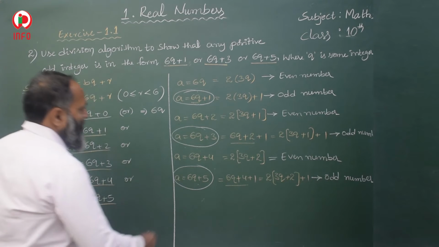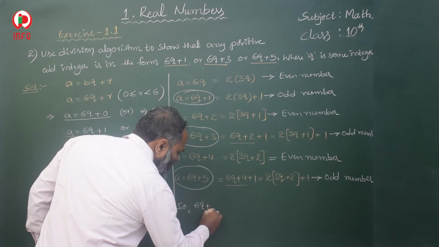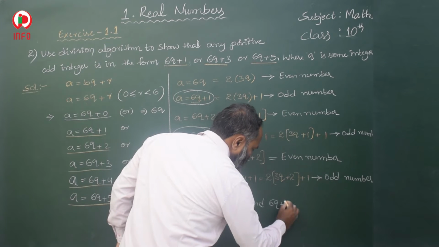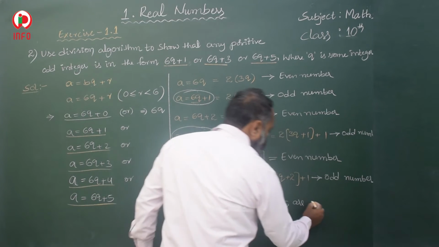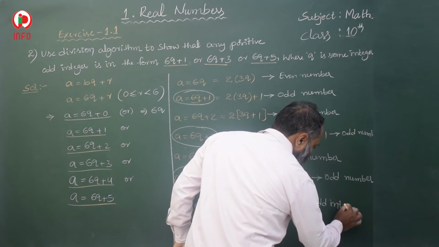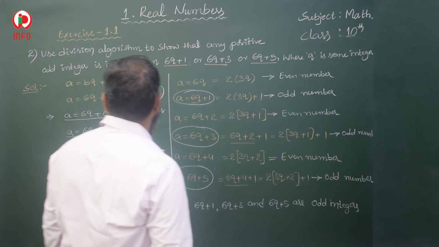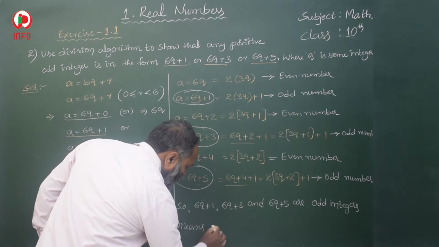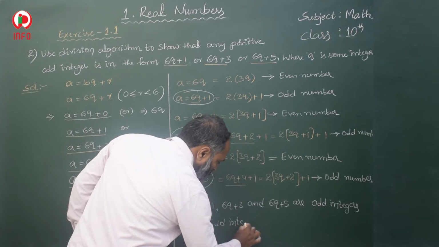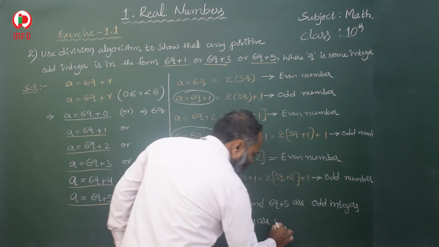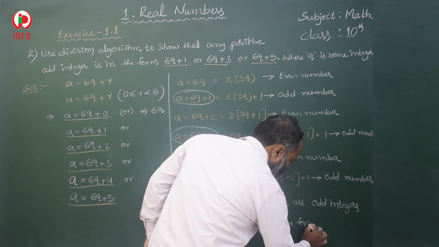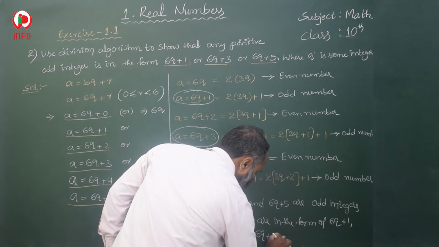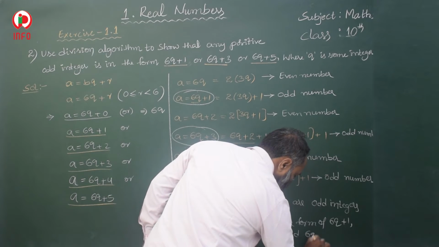So odd integers are in the form of 6q plus 1, 6q plus 3 and 6q plus 5.